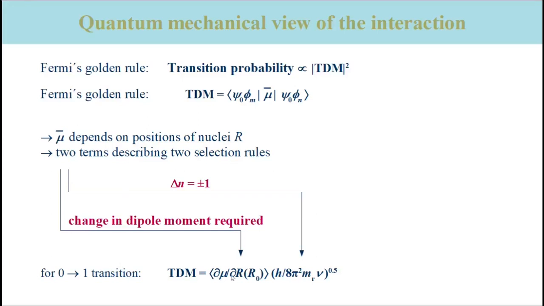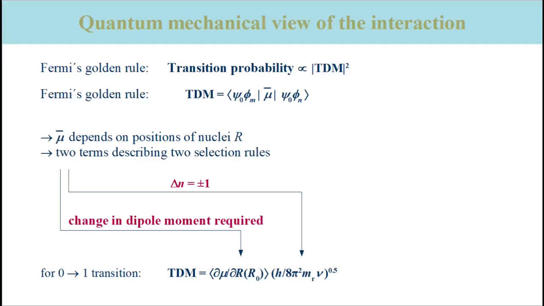The right-hand term gives rise to the selection rule that vibrational transitions only occur to the next vibrational level, delta n equals plus minus 1. This selection rule is strictly valid only for the harmonic oscillator. This selection rule limits the number of transitions that are relevant for infrared spectroscopy considerably.